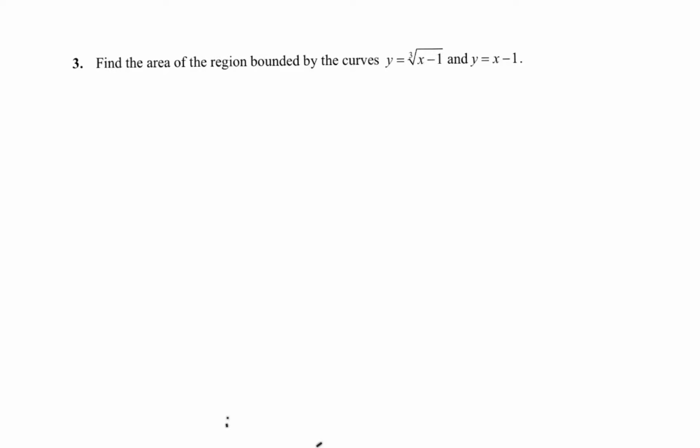So the first thing is, what is the graph of the cubic root of x? The graph will look something like this, with infinite slope at x equals 0, and through here. When x is negative, the cubic root of a number is a negative number.